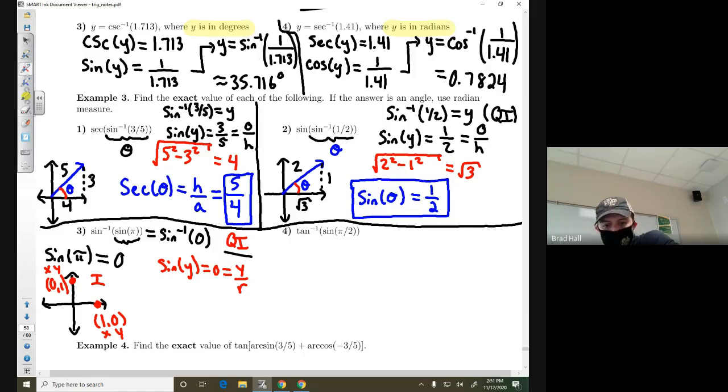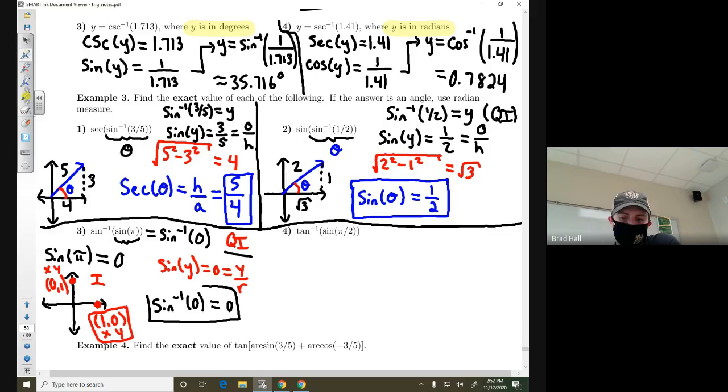So the only one that works here is this one. Because you would have 0 divided by 1. So really, sine inverse of 0 is equal to 0. That's actually your answer right there. So the quadrantals are a little tricky here.